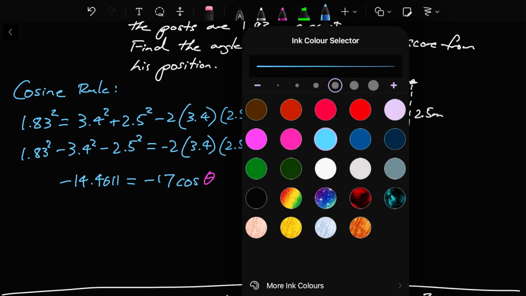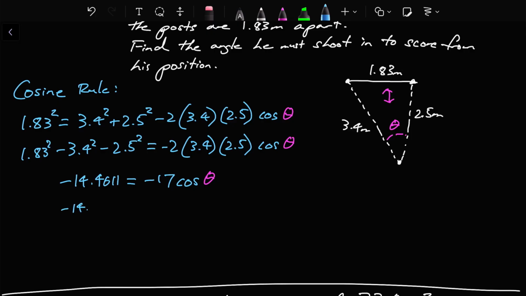Now we just divide. -14.4611 over -17 equals cos theta.